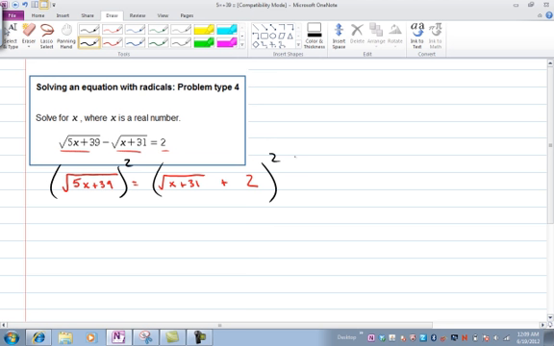So you square the left side, you square the right side. Now this is potentially dangerous. That is an imperfect process, and what that means is we're going to be required to check any solutions we get at the end, and that's just part of the procedure for solving radical equations.